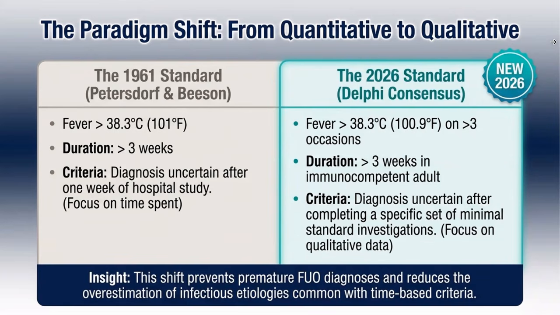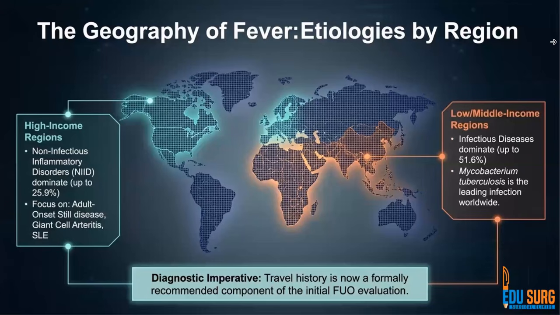And now we have minimal standard investigations which need to be done before labeling the patient as a pyrexia of unknown origin patient. So the shift is from using a very random form of workup to a very consensus based workup with a specific set of minimal standard investigations, and then determine if the patient has PUO and then treat accordingly. Now we know the difference between the high income versus the low or middle income regions.